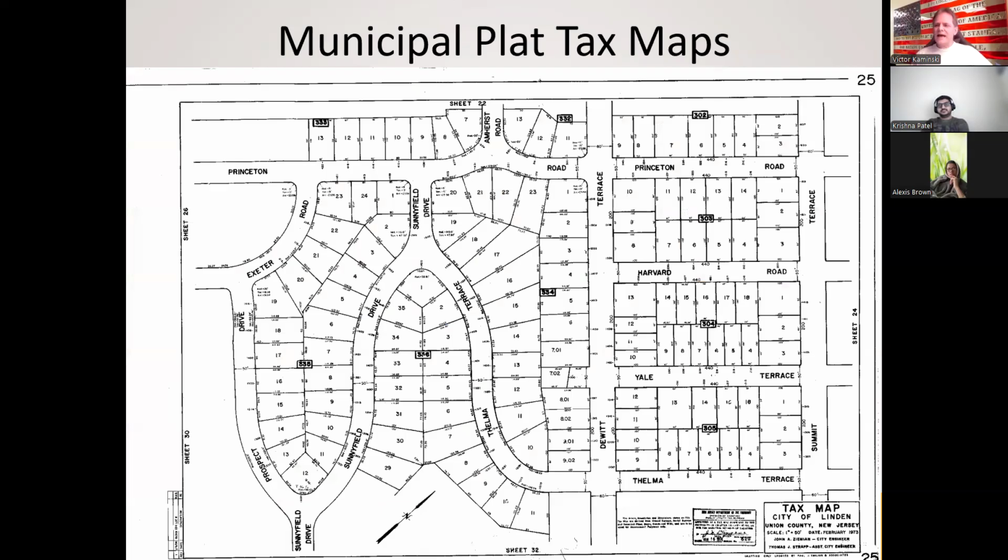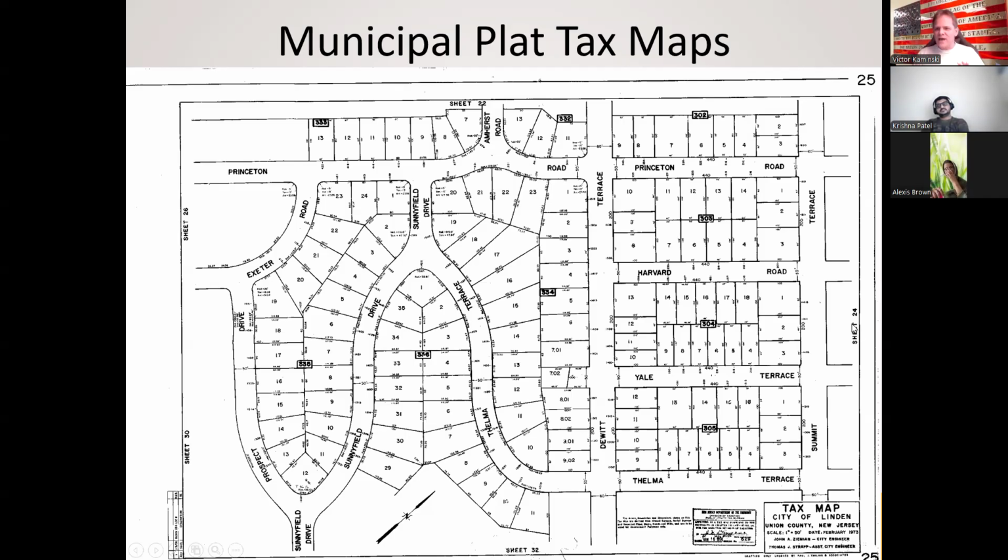And here's a city tax map. Okay, here's the one for my section of town. You see there's a number here in the corner, 25. Well, there's also numbers on the sides of each one. You see here sheet 30, here's sheet 25, sheet 22. It shows you that if you were to take these other maps that the city has and tape them together, you could create a big map of the entire city.